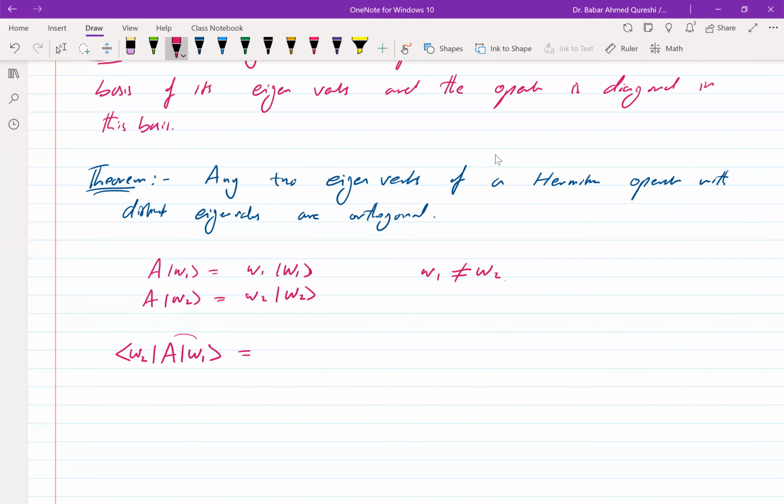So A acts on this and gives you, but since A is Hermitian, it can act over there. And since it's an eigenvalue, it pulls out a W2, but since eigenvalues of a Hermitian operator are real, when you pull it out of a bra, it still remains real. So this is equal to this as well.